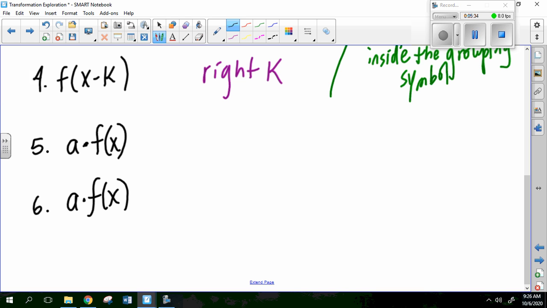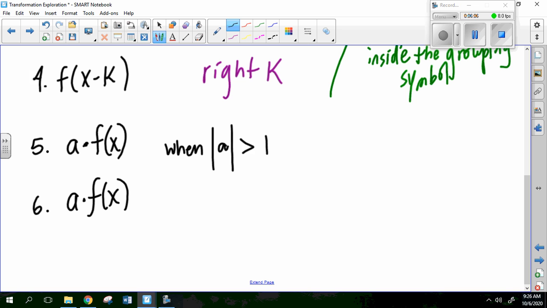So if I have my function times a number, when the absolute value of that number is greater than 1, now, the reason I put absolute values around it is because even if that number was negative, it would still make it wider or skinnier. The negative is what flips it over.